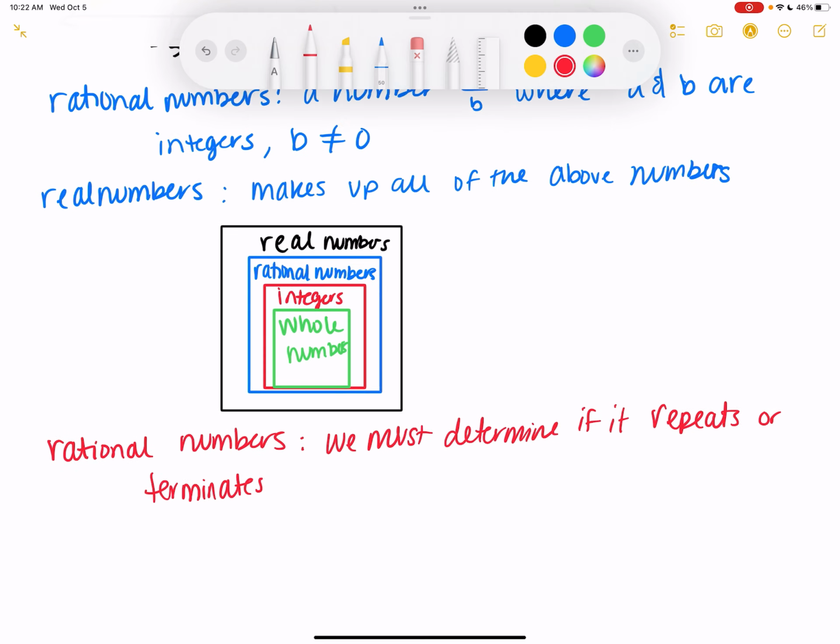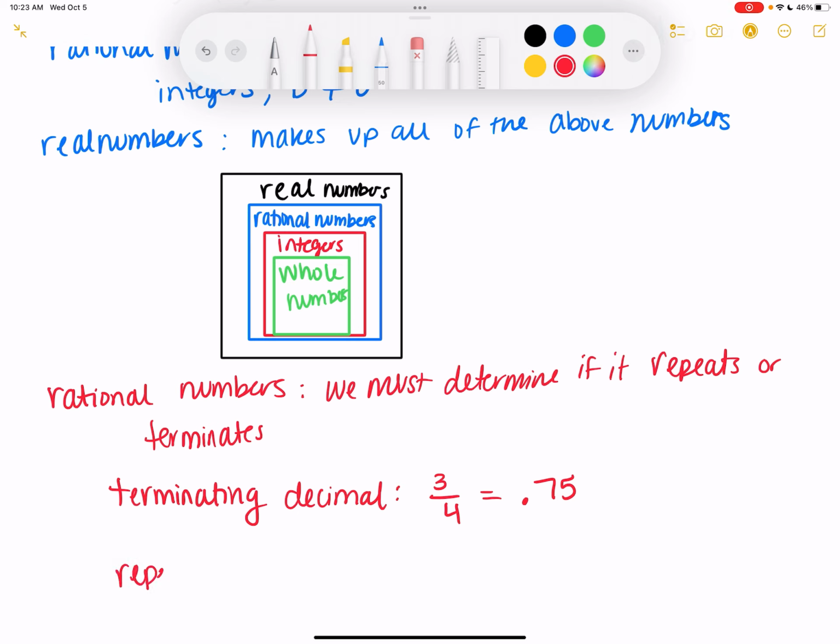A terminating decimal would be something like 3/4. I was thinking of this as quarters. So if I have 3/4, the 4 make up $1, so 3 would be 75 cents. So this would be 0.75. That one would be terminating because it stops.